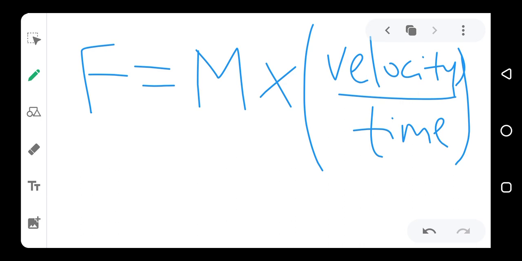Velocity over time. And what is velocity? In the previous class, I gave you that velocity is equal to displacement over time. And I said that displacement is distance traveled in a given direction.